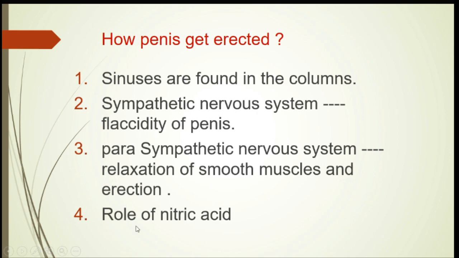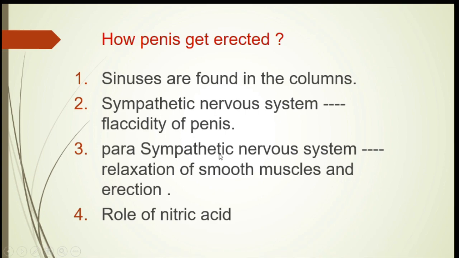And there is a role of nitric oxide, which is stimulated by this parasympathetic nervous system, and it brings out the erection of the penis, okay.